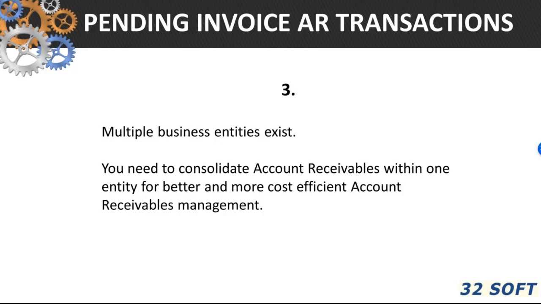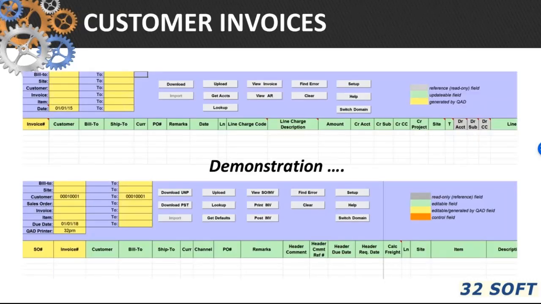If you have multiple business entities and need to consolidate account receivables within one entity for better and more cost-efficient account receivables management, again, pending invoice maintenance can resolve the issue. Let me demonstrate how you can run those processes by using the Excel interface for QAD pending invoice maintenance.